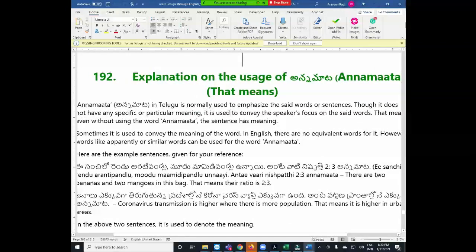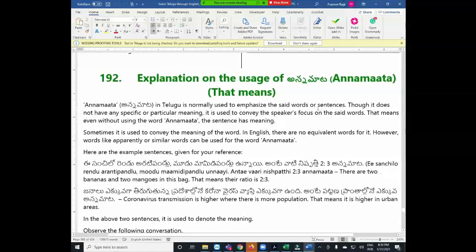Annamata in Telugu is normally used to emphasize the said words or sentences. Let me read the theory, then I will explain with example sentences. Though it does not have any specific meaning, it is used to convey the speaker's focus on the said words. So mostly we repeat, like we emphasize what we said just now. That means even without using the word annamata, the sentence has meaning.